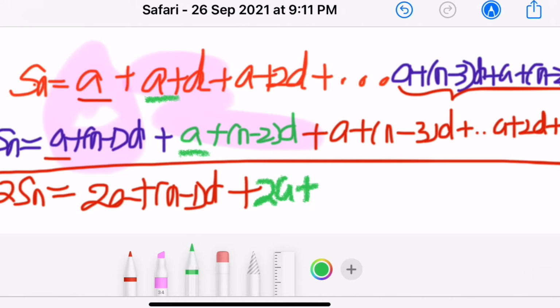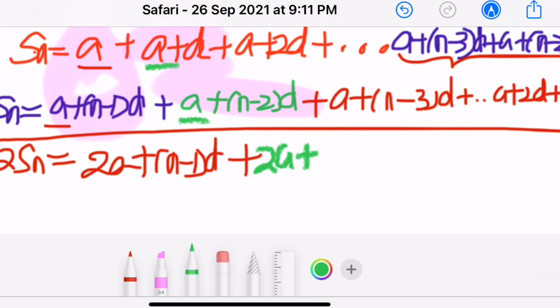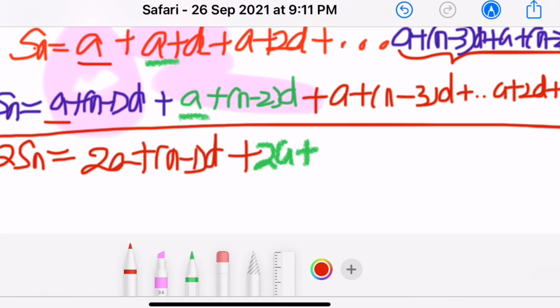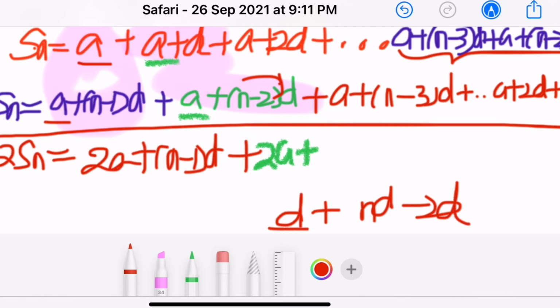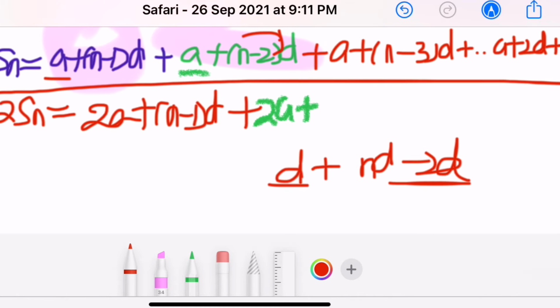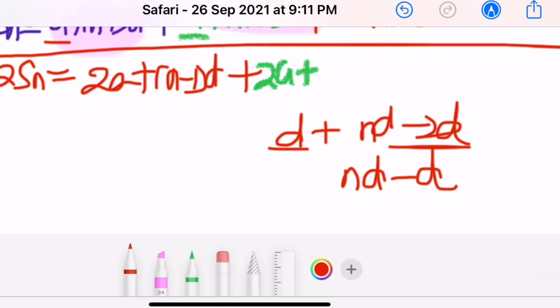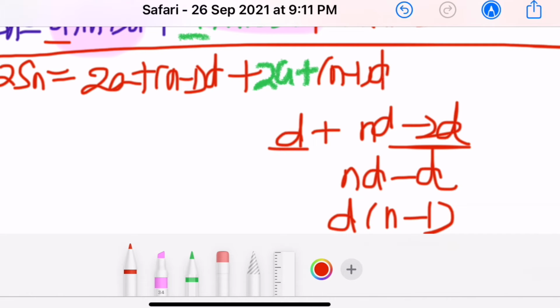Then for the d terms, d and n minus 2d, you notice that d and minus 2d become minus d, so the d can be factorized out with n minus 1. Finally you will get back the same n minus 1d.